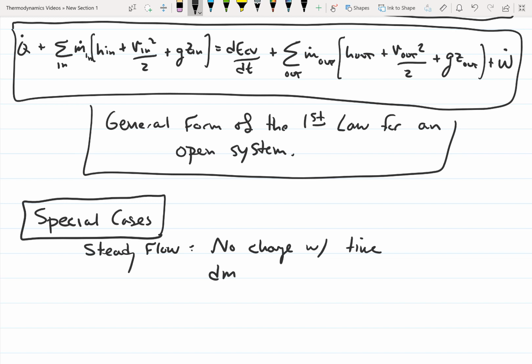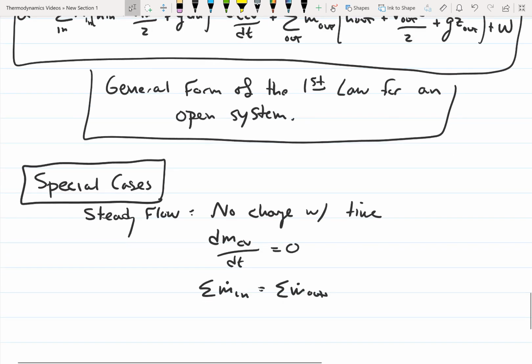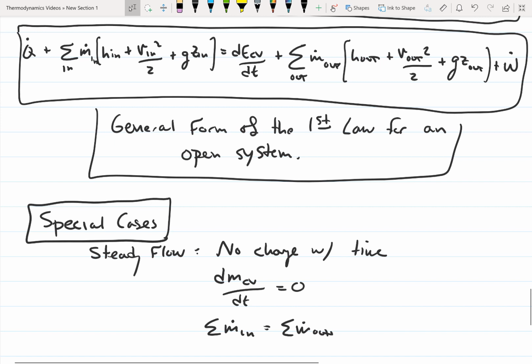So this dm_CV/dt is equal to 0. So basically what that means is that the mass flow rate isn't changing with time, so the rate of mass flow in is equal to the rate of mass flow out. Also, this derivative, the change in the energy in the control volume with time, is equal to 0.